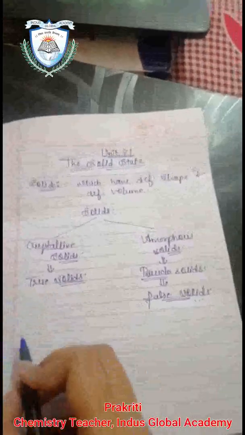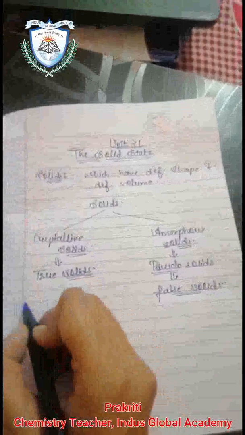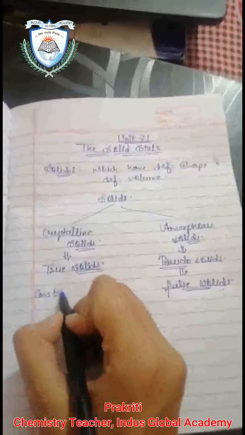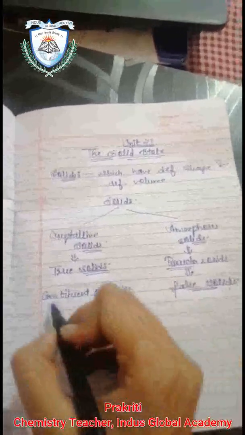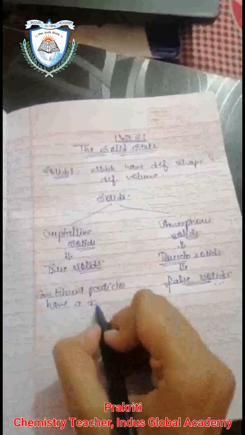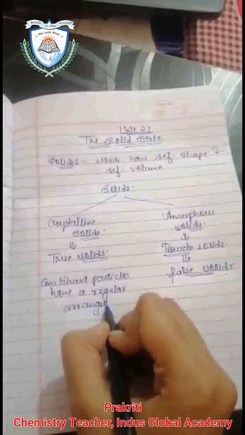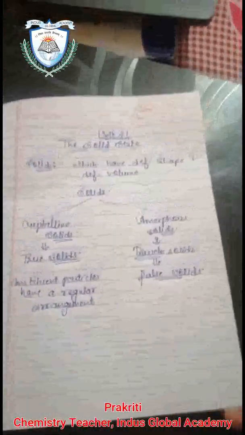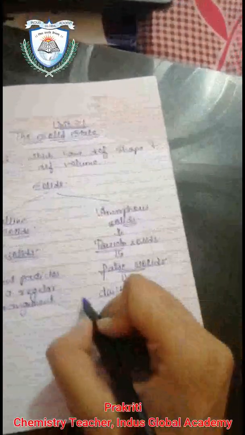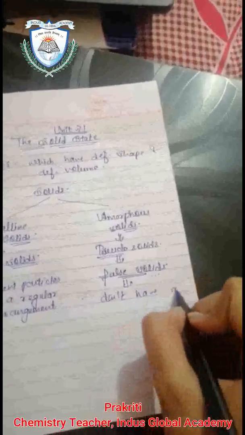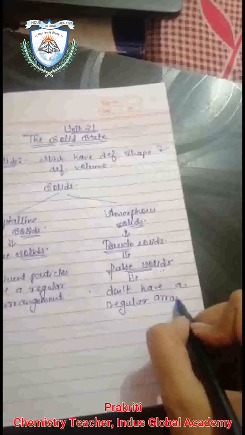So what are crystalline solids now? The solids in which constituent particles have a regular arrangement, right? And what are amorphous solids? Which don't have a regular arrangement of particles.